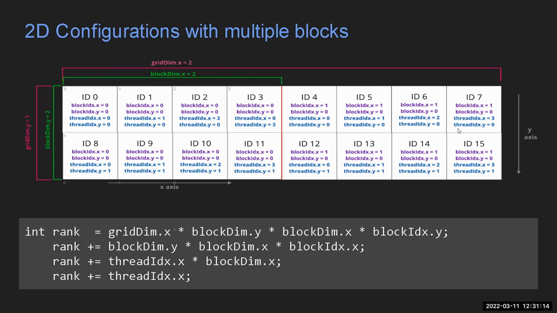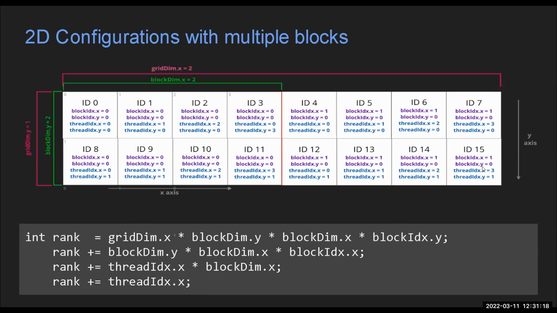In this example, I'm going to look at 15 because it's easiest to see this just by looking at the last thread, because then you get to use all the values that you have. So we're going to go back to the whole idea of summing all of the threads before us. Okay, so how do we do that?